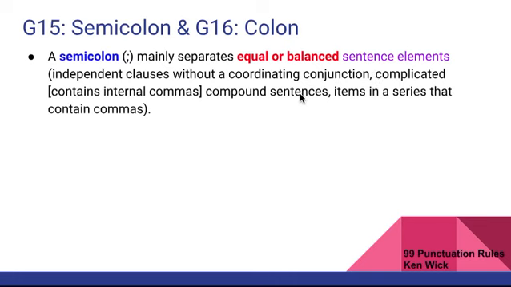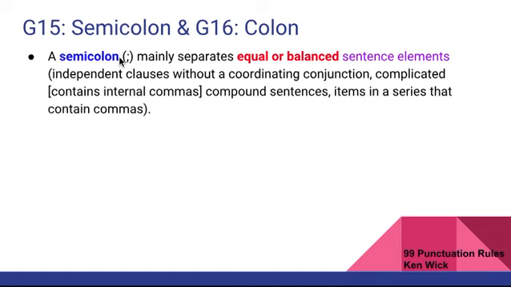Complicated compound sentences. A complicated compound sentence just means a compound sentence that already contains commas. We just covered this in the previous slide: what happens when you have things that already contain commas? How do you separate them further? Well, it's the semicolon. Or items in a series that already contain commas, which I previously mentioned.